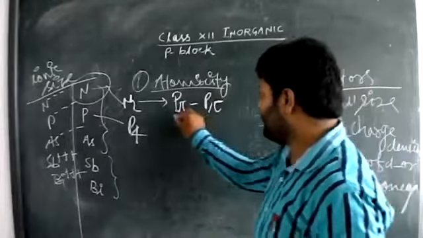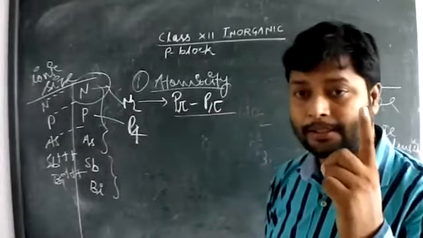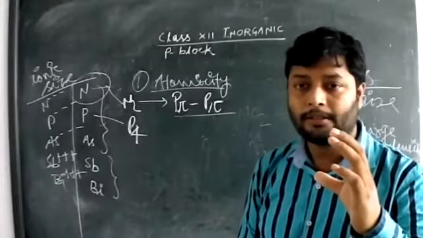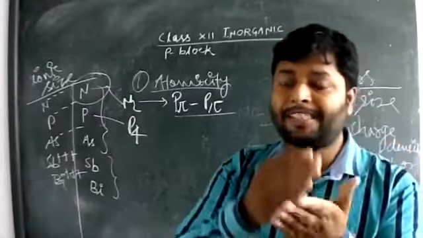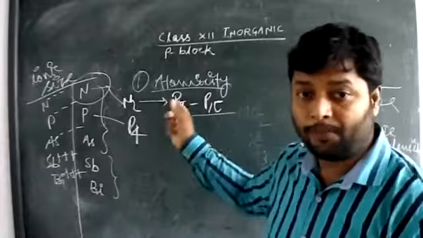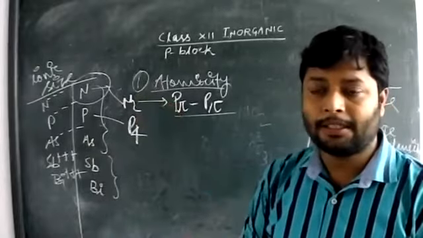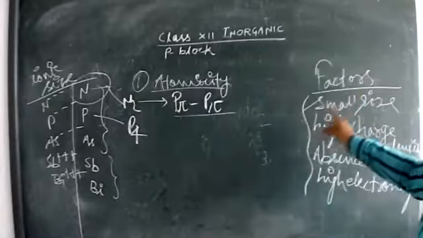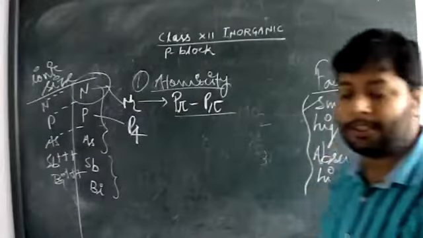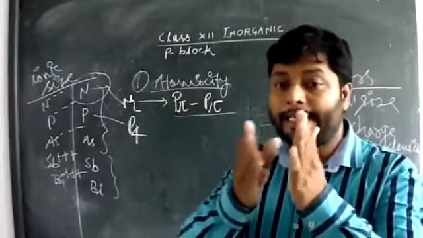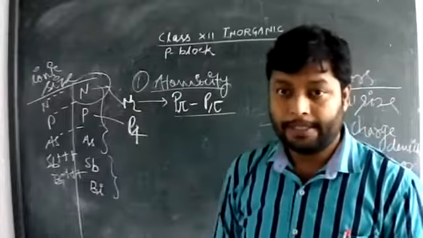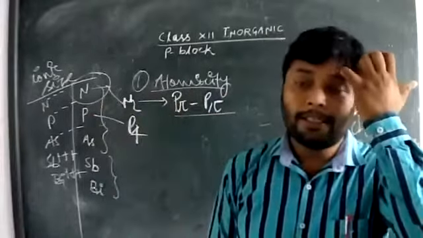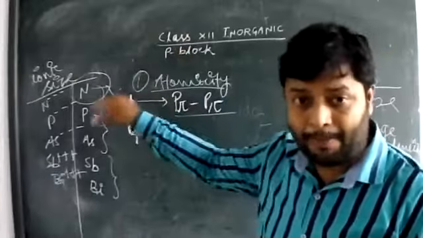So because of the availability of p orbitals, they actually form p-pi bonds, and the other factor is the small size and high charge density, so nitrogen can easily hybridize the other element's orbital with its p orbital.